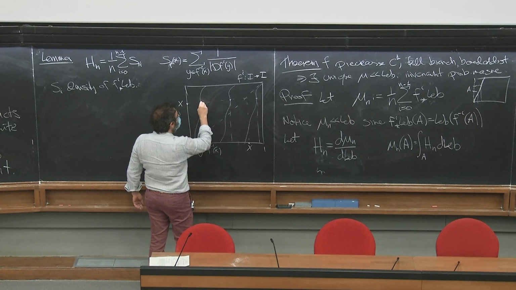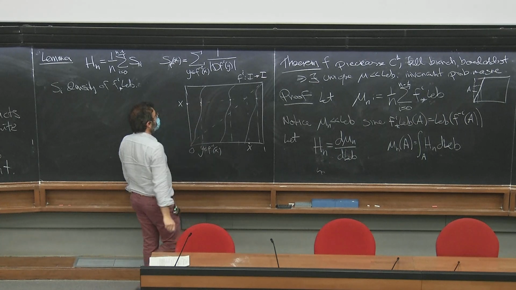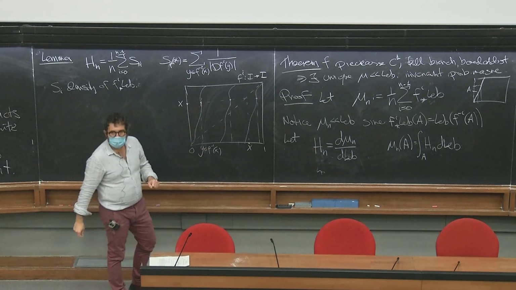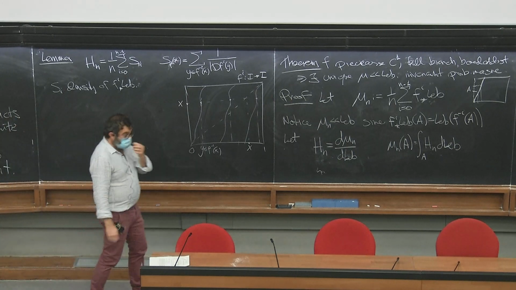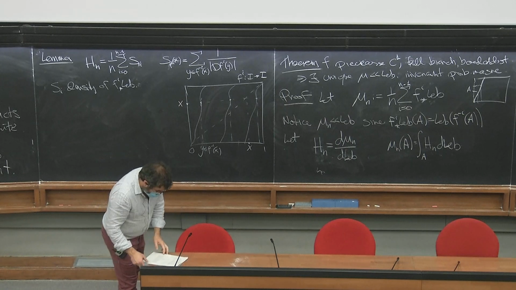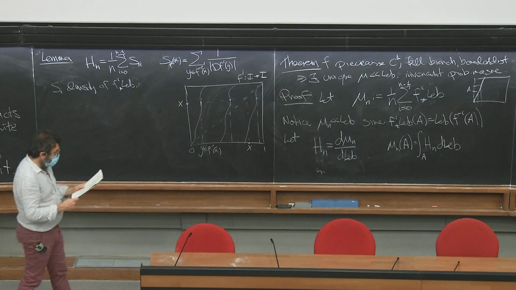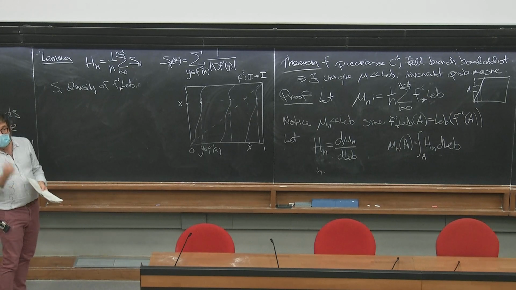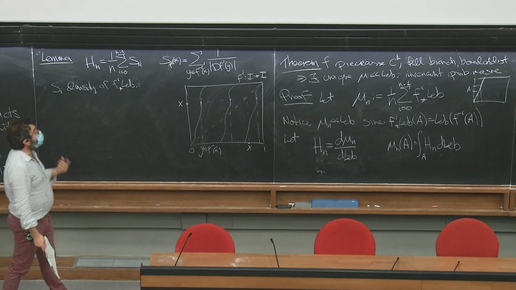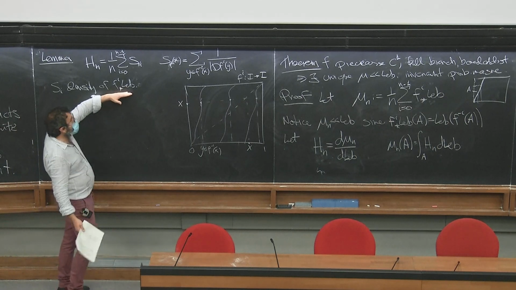And looking at the derivative, 1 over the derivative here. Okay, at the moment, it's not clear why this should be the case, but you can get some idea as we do the calculation. But this is a remarkably explicit formula for the density of this measure.